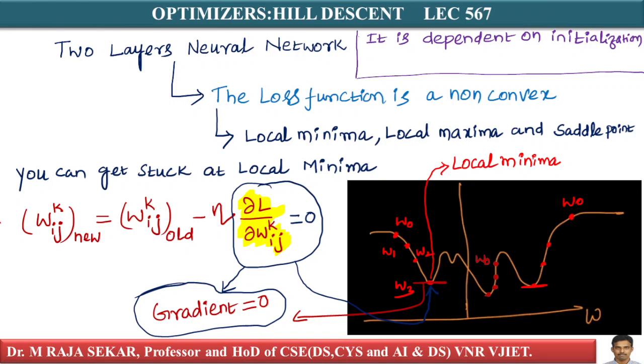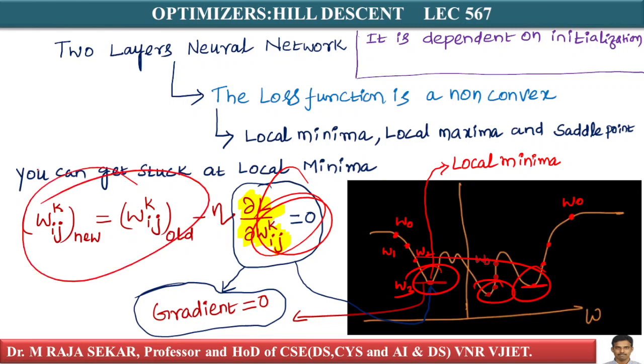You are getting stuck at maybe a local minimum, maybe a saddle point. It depends on initialization. In these three cases, your derivative becomes 0 and your Wkij new equals Wkij old.